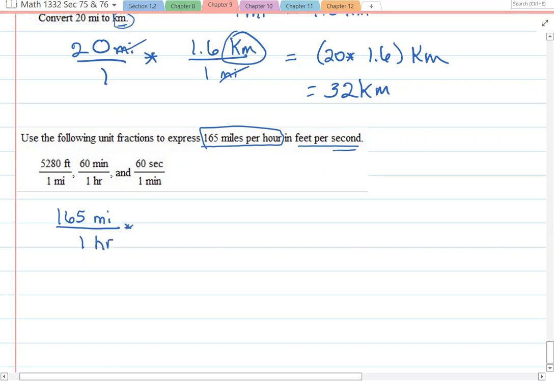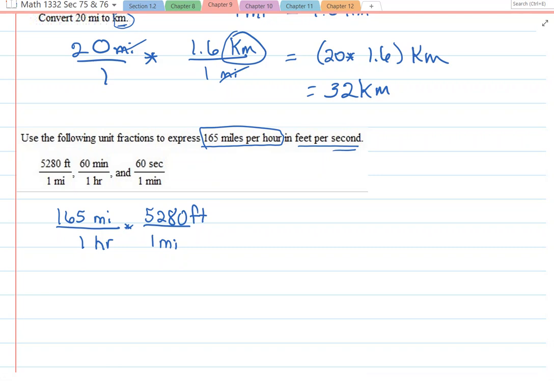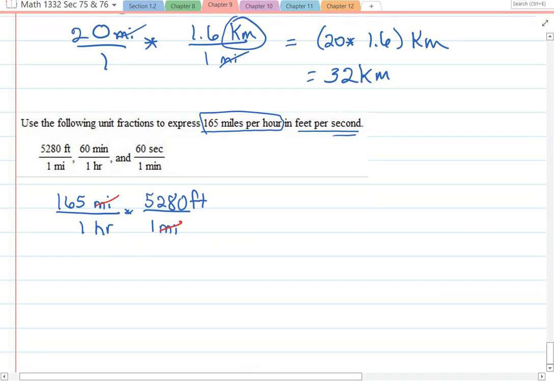And I want to take care of the miles first. They want it in feet. So I know that 1 mile is equal to 5,280 feet. Okay, well, that takes care of my miles. All right, so now I want to multiply, because now I'm in feet, and I need it in seconds. So I know that 1 hour is equivalent to 60 minutes.